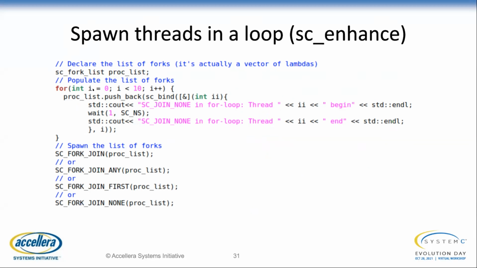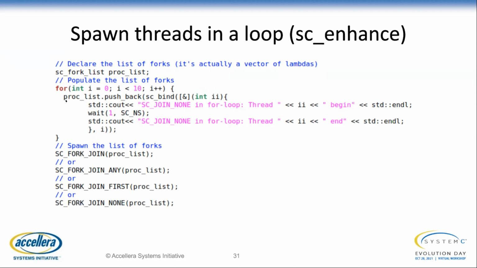If you want to pass the loop variable, you give an argument to the lambda, and you will need to call scbind so that the i value is applied as an argument to the lambda, and then you get a function handle for that.